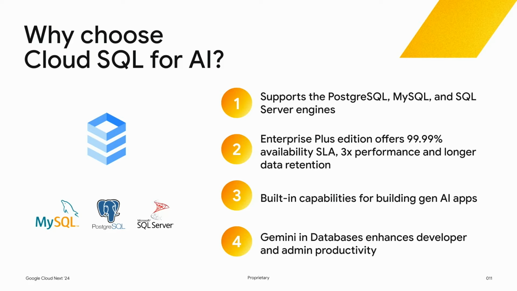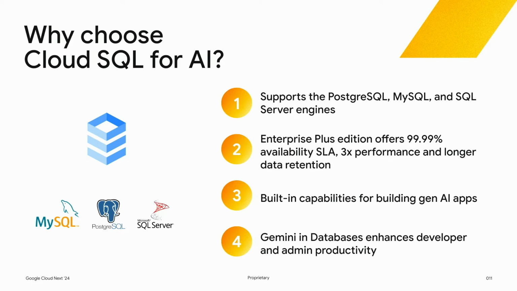There's an Enterprise Plus edition that came out last year that gives you higher availability, 4 nines of availability, plus some performance acceleration for reads and writes, and longer data retention. So if your application is higher end, it has more users, more traffic, you might want to consider the Enterprise Plus edition. And it has, as we're going to see, built-in capabilities for Gen AI apps.